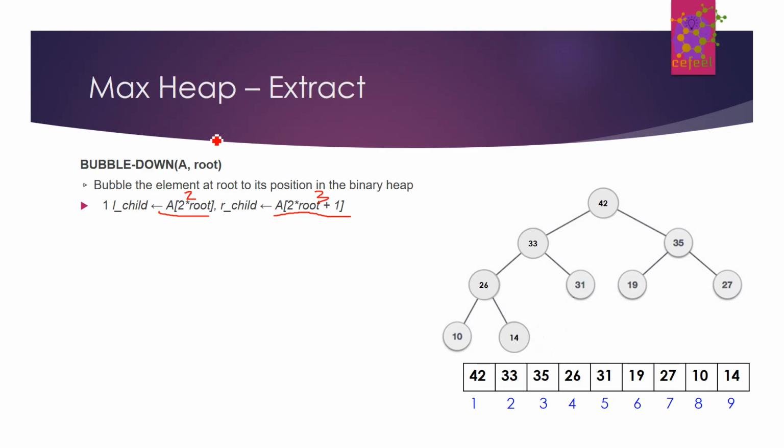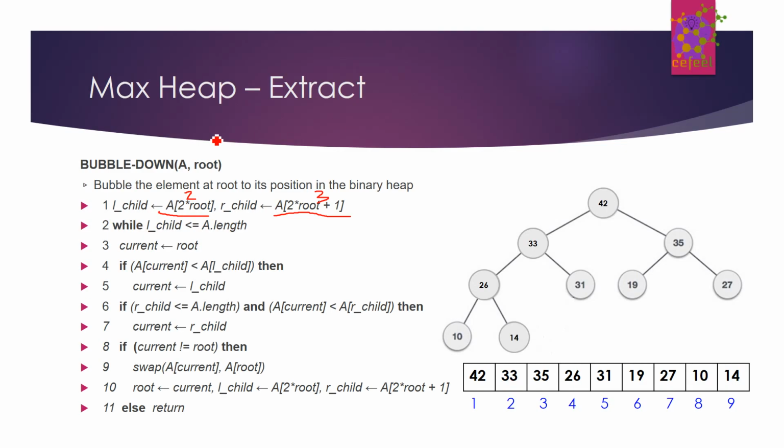So we have the left child and right child. Now we need to check whether the left child falls within the range, which means whether the left child is a valid element in the heap or not. So that's why we check if L child is less than the length, which is true in the first case, and then this is what we do.